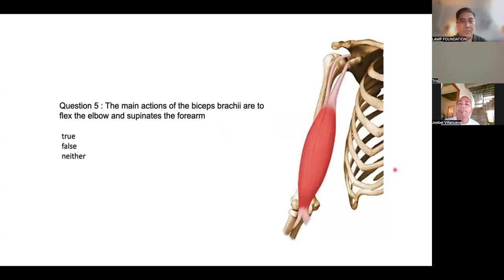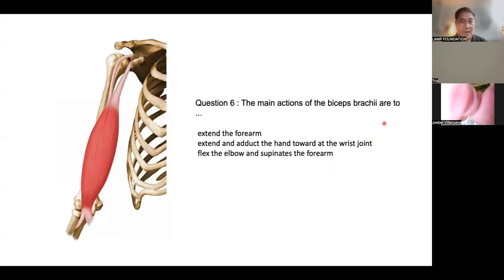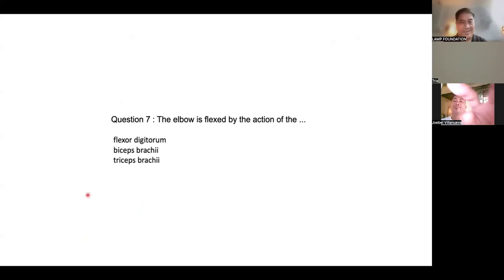The main actions of the biceps brachii are to flex the elbow and supinate the forearm. True or false? True. The main actions of the biceps brachii are to flex the elbow and supinate the forearm. See. Can you do it? Okay.